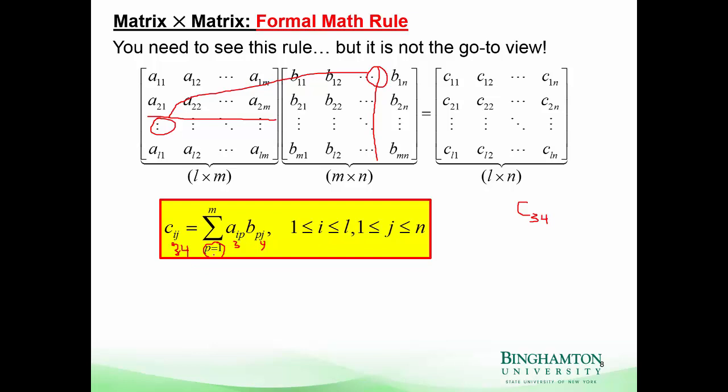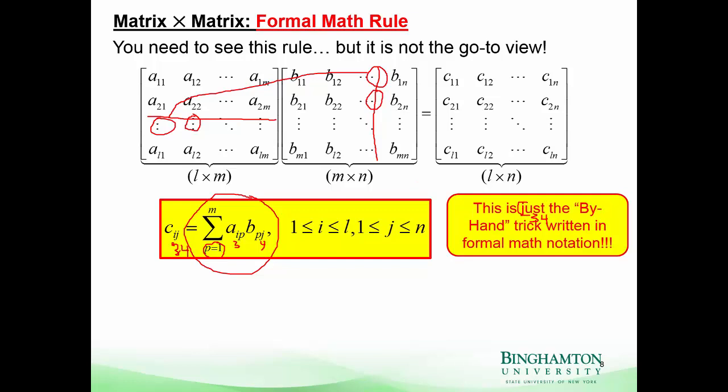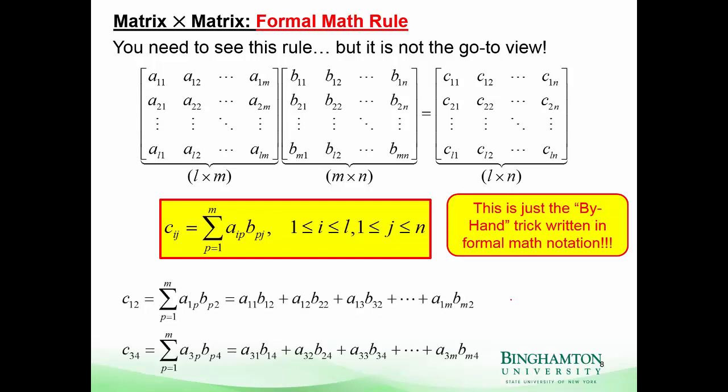Then we jump up to P equal to 2, and what does it tell us to do? We take A32 times B24, and so on. So you can see that this formulation is really nothing more than capturing in mathematical symbols what our by hand rule said to do. So this is just formal math notation for the by hand way of viewing it.